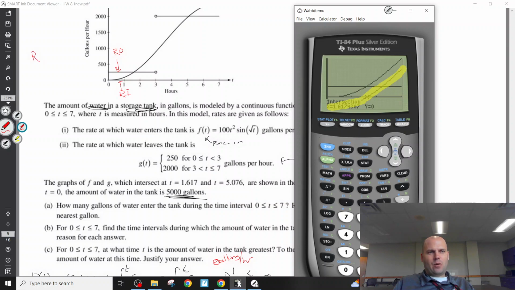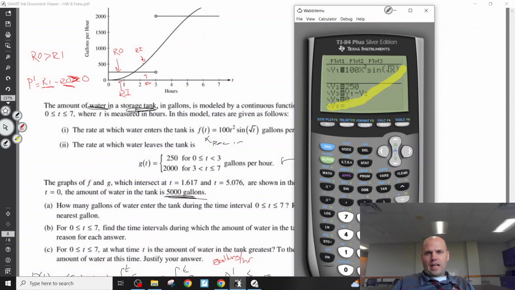If P prime is rate in minus rate out, if rate out is bigger than my rate in, this will be negative. P prime negative, P is decreasing. If my rate in is larger than my rate out, which happens here, P prime would be positive, which means P is increasing.